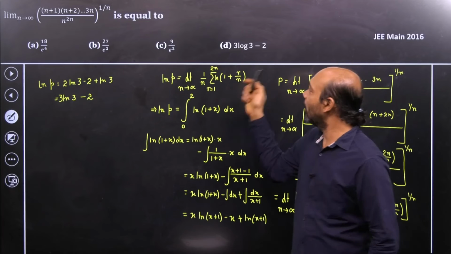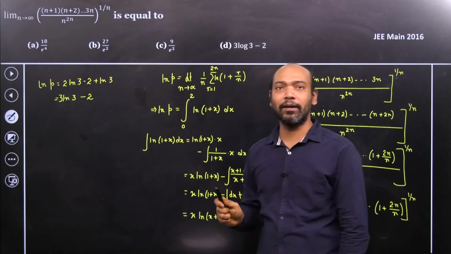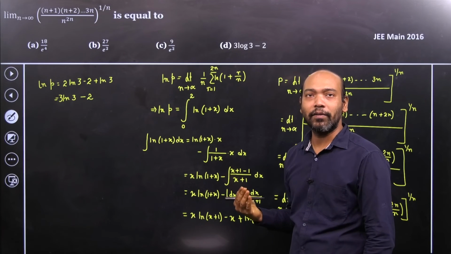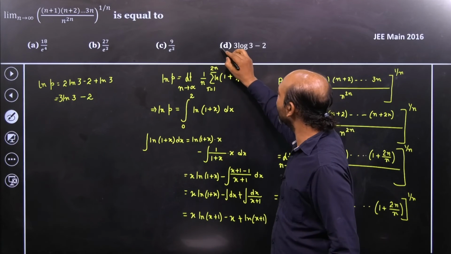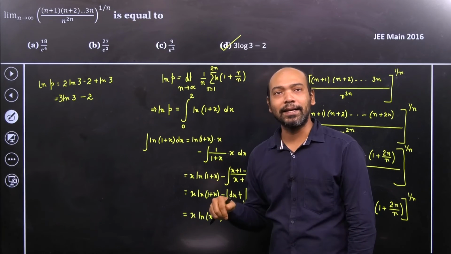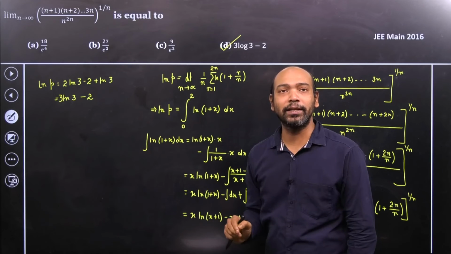But see that here we don't see any problem, the answer matched. So is there any way to check? Obviously in this particular case, 3 log 3 minus 2 is the correct answer for ln p. But here there are some tricks. Let's go ahead and check that as well.